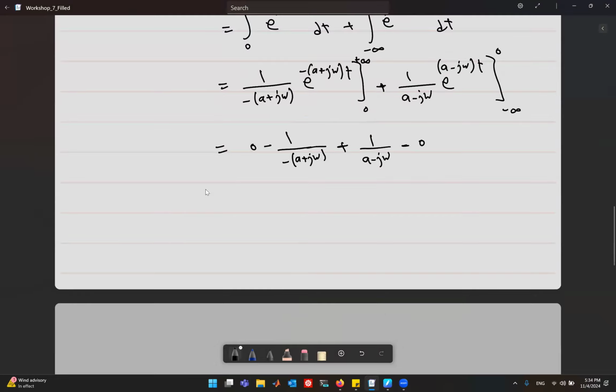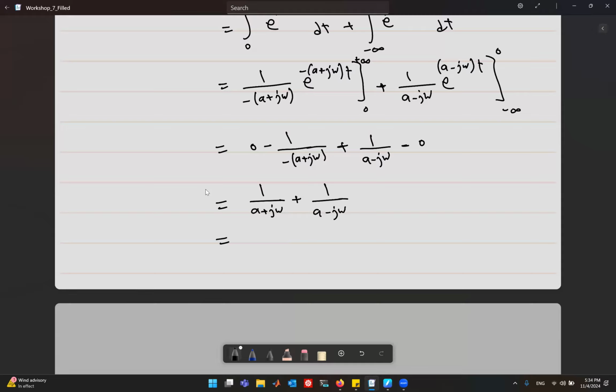So the final Fourier transform of this signal is 1 divided by a plus j omega plus 1 divided by a minus j omega. And we can rewrite this by multiplying this term by a minus j omega and this term by a plus j omega.